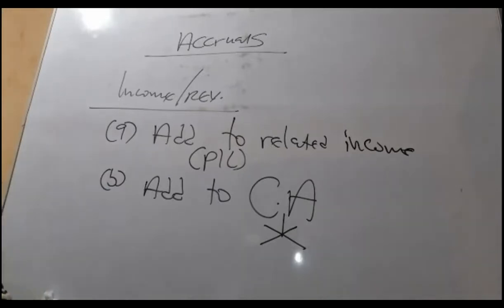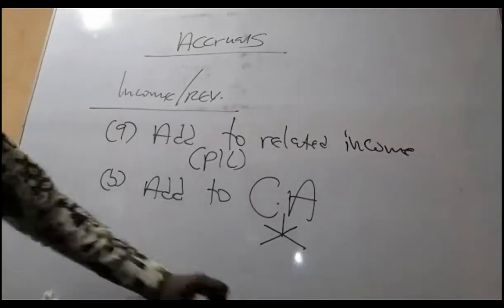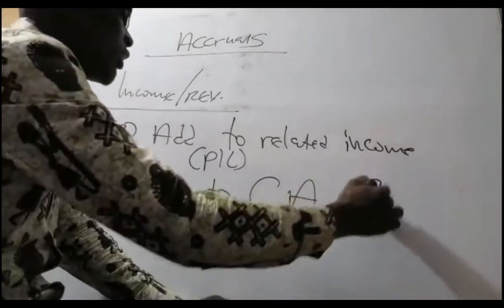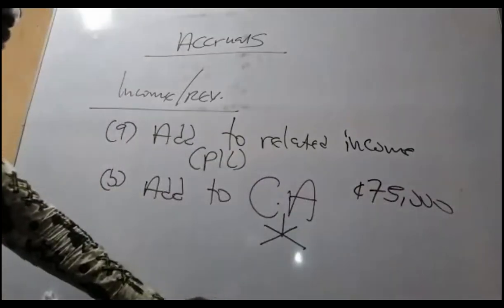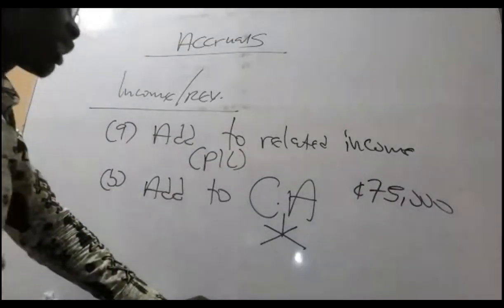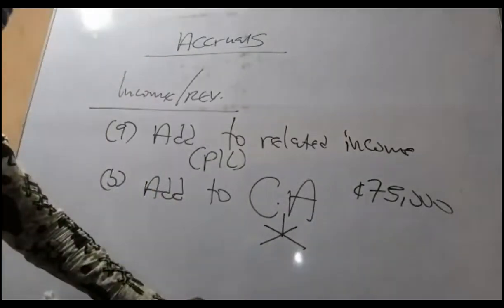So let's cite an example. For example, assuming that you've made a sale of 75,000. Total sale is 75,000. Out of it, by the end of the year, 15,000 of the amount has not been received.